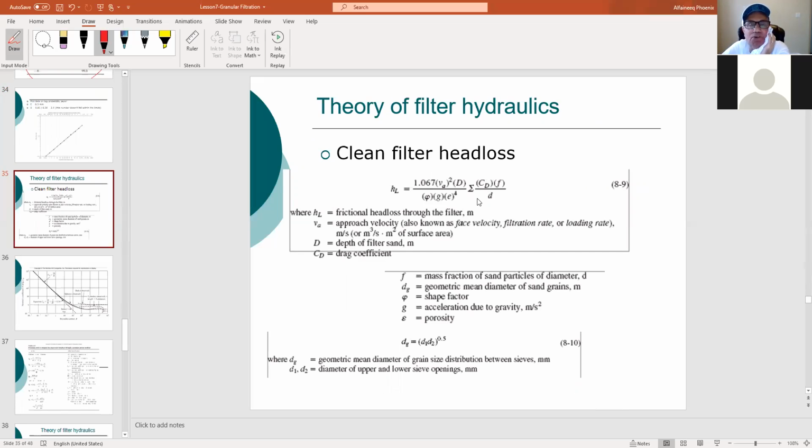And this is Rowe's formula for calculating the head loss. Many things are needed. The most annoying part of it is this sum. In other words, you are going to do it in table form, then sum them up.